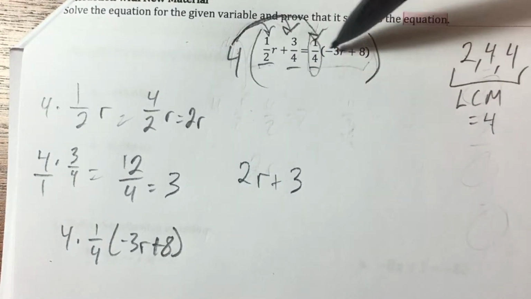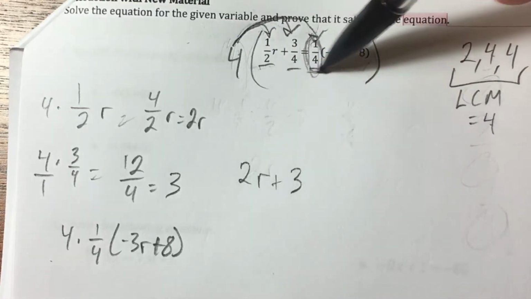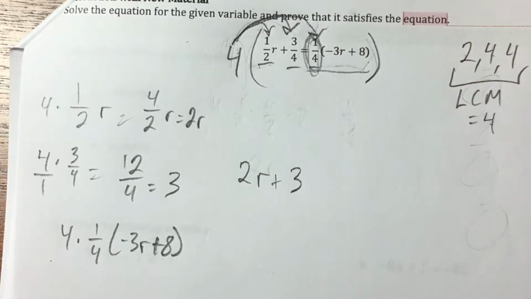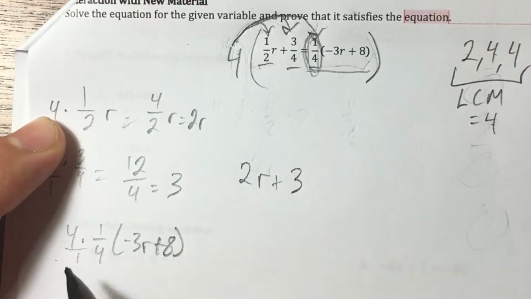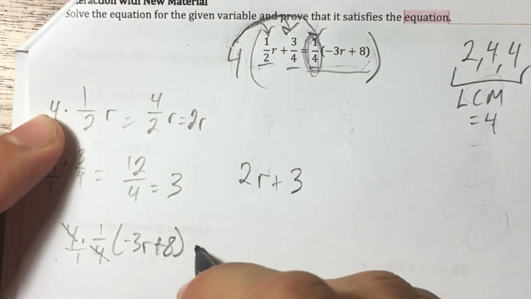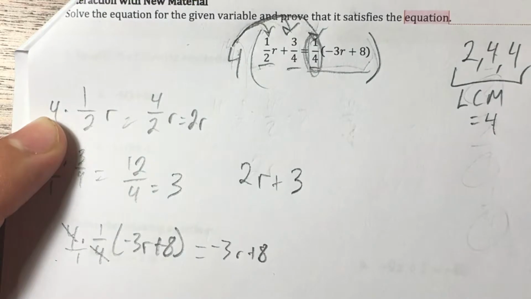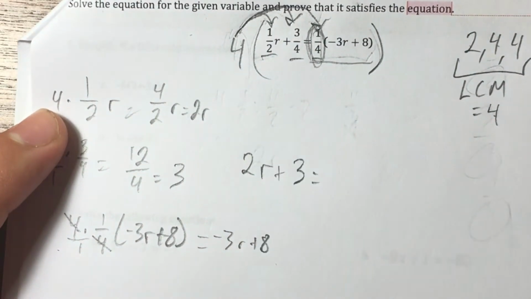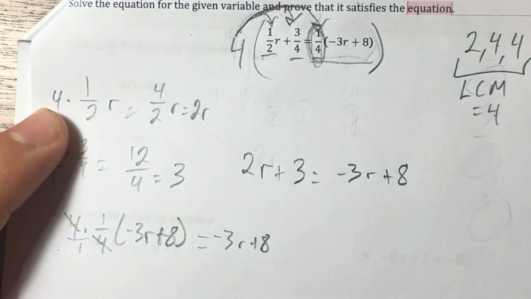So when we multiply it just by this coefficient in front, it automatically will take care of everything on this side of the equation. So this part can simplify: 4 over 1 times 1 over 4. These terms can just cancel out, and all we're left with is negative 3r plus 8. And that's on the other side of the equal sign, so negative 3r plus 8.